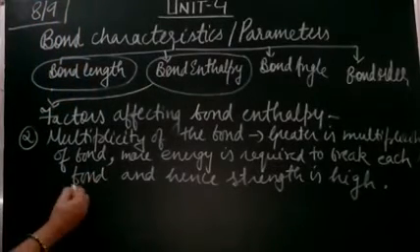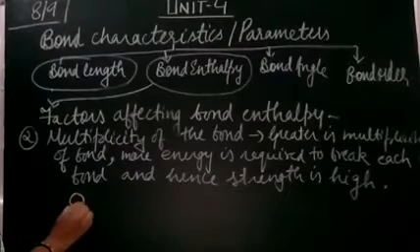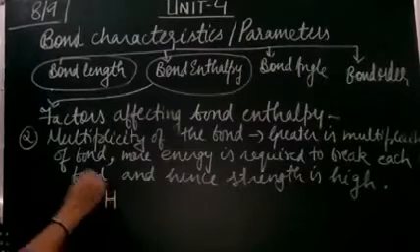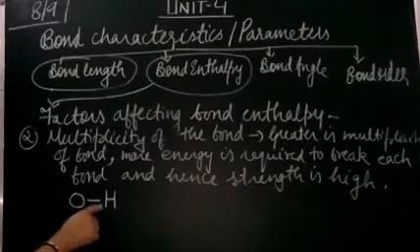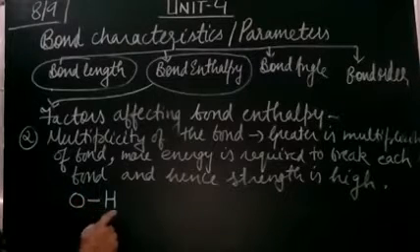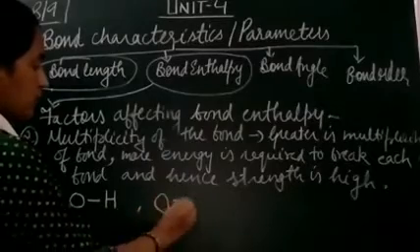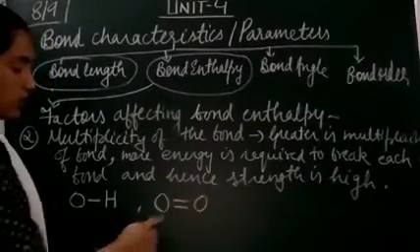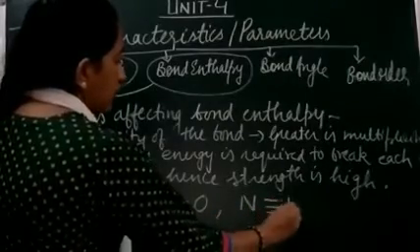For example, if we take this O dash H bond, students, here the energy will be required to break the bond present between oxygen and hydrogen, right? There can be another example where we have oxygen bonded with another oxygen atom with a double bond. This is the triple bond, students.